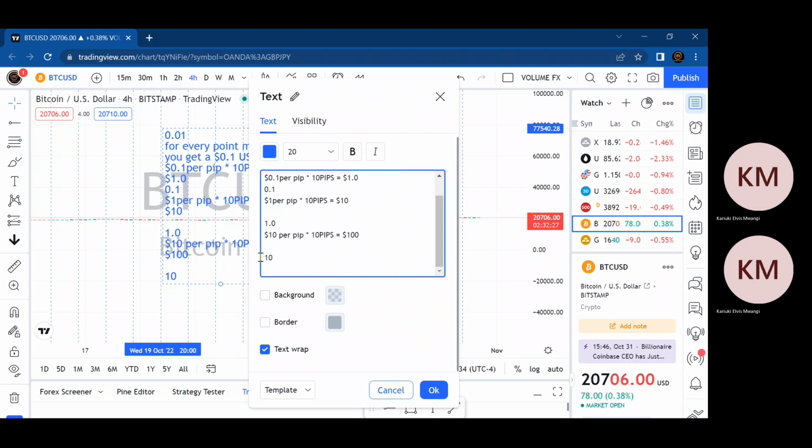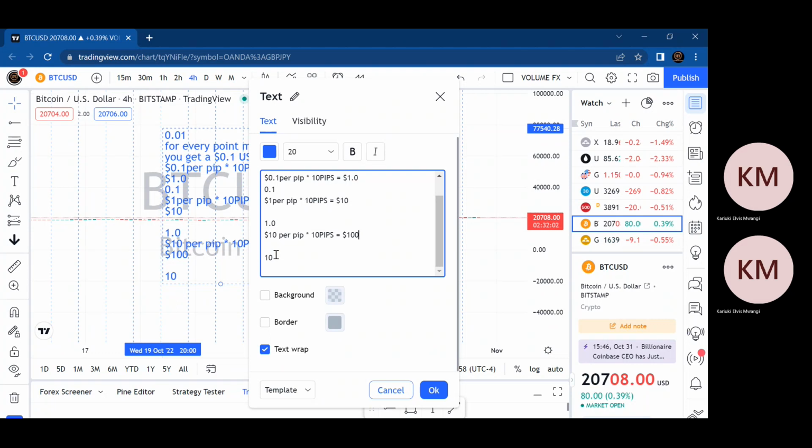And 10 is not the maximum, it goes all the way up to 1,000, because this is the standard measure that the banks use.